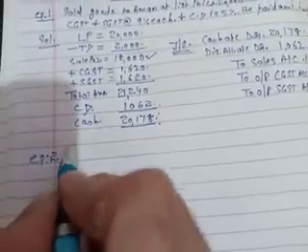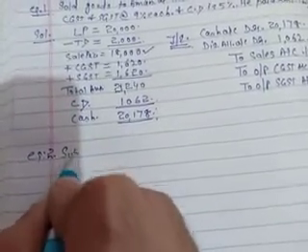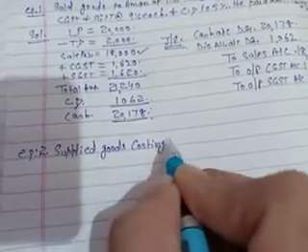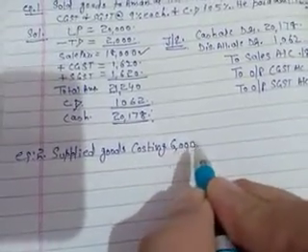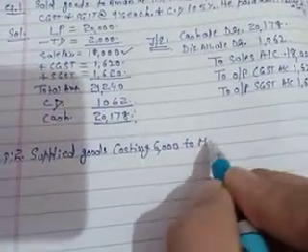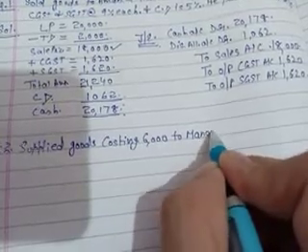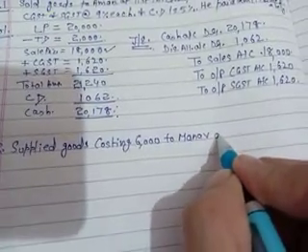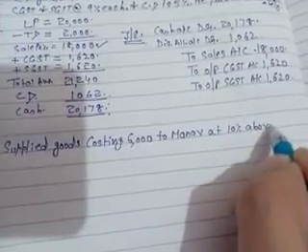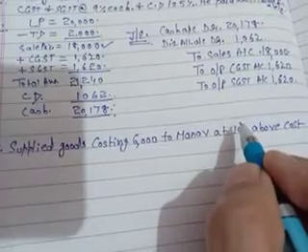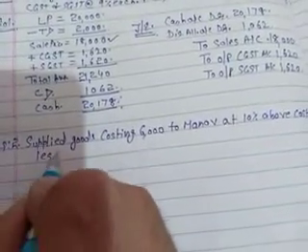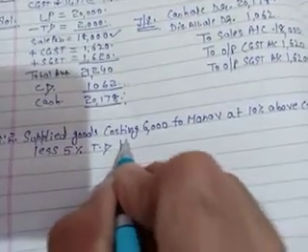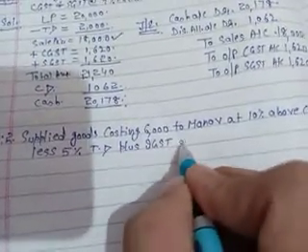Example 2. Supplied goods costing 6,000 to Manav at 10% above cost less 5% trade discount plus IGST at the rate of 18%.